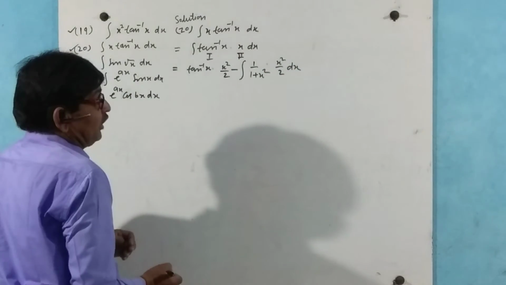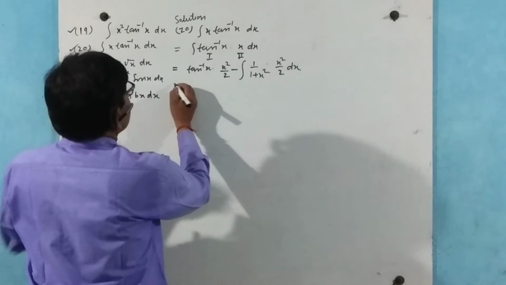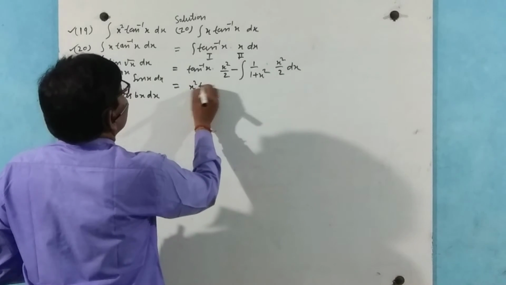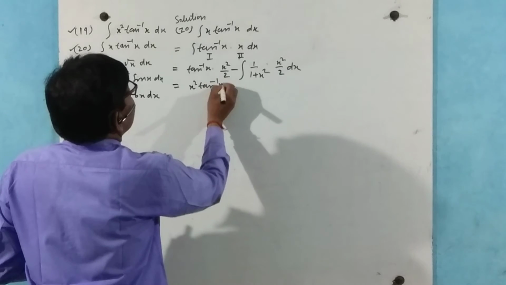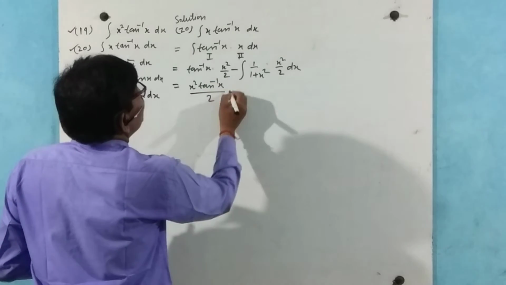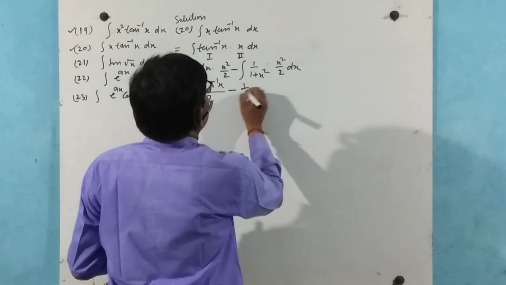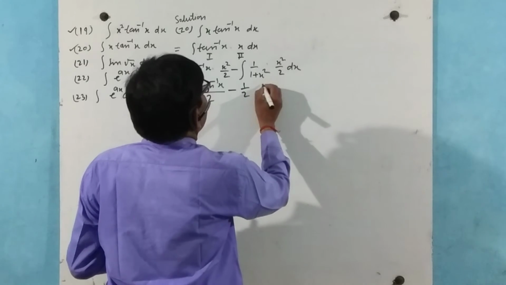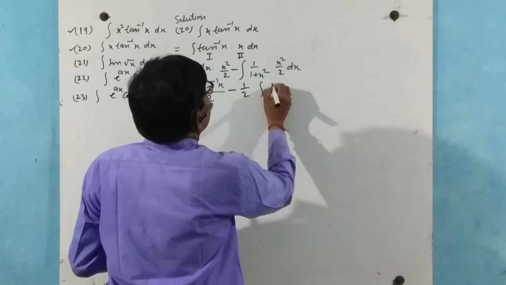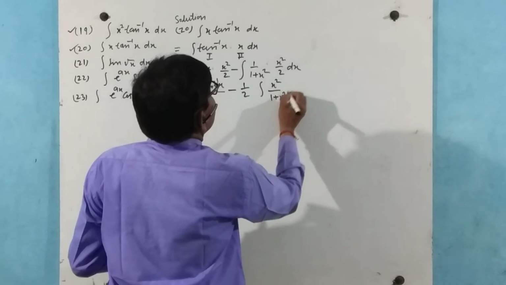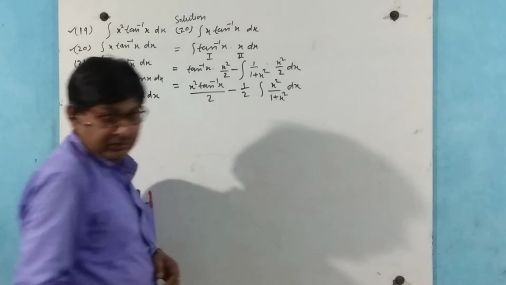So we can write x square tan inverse x divided by 2 minus 1 by 2, the integration of x square divided by 1 plus x square dx.